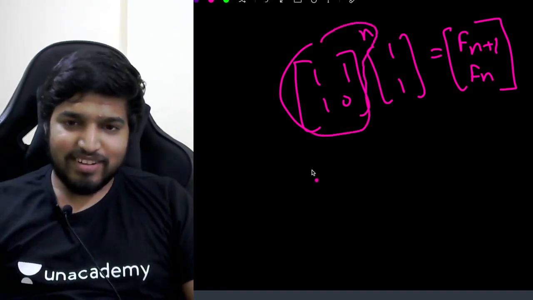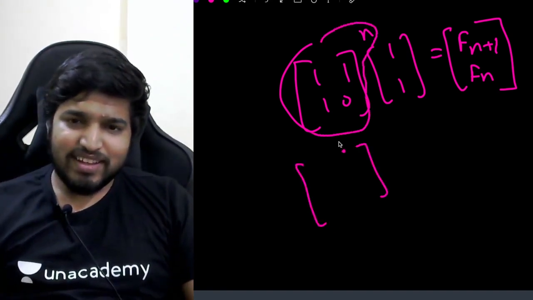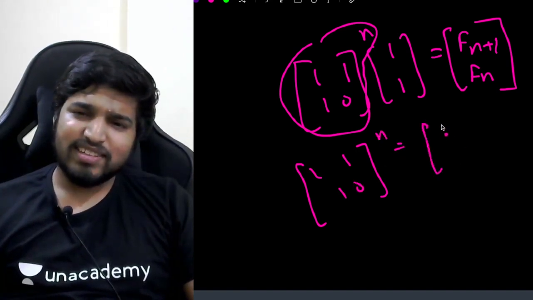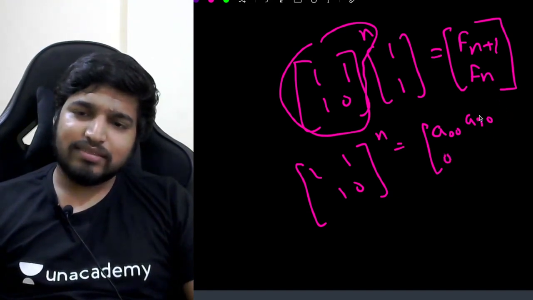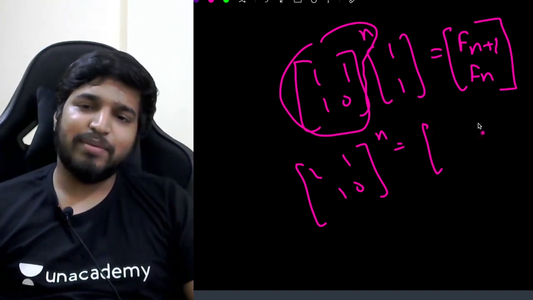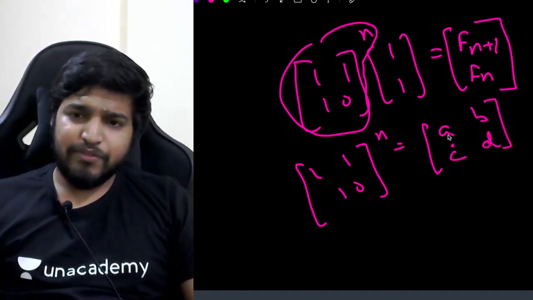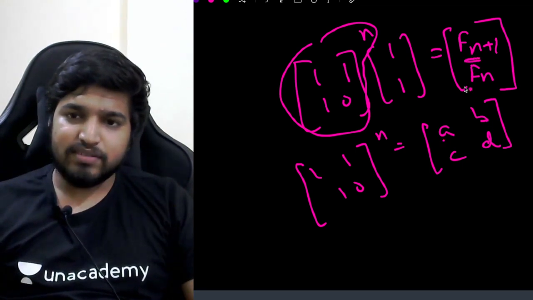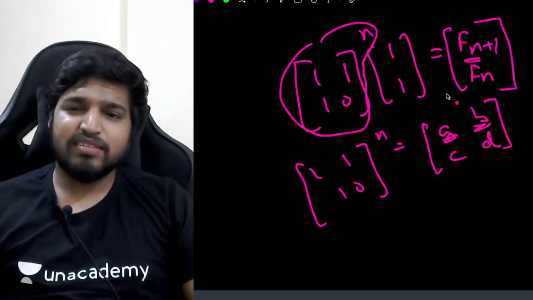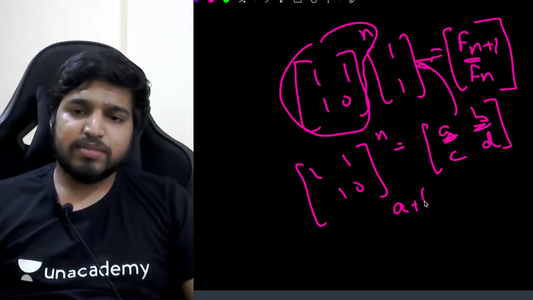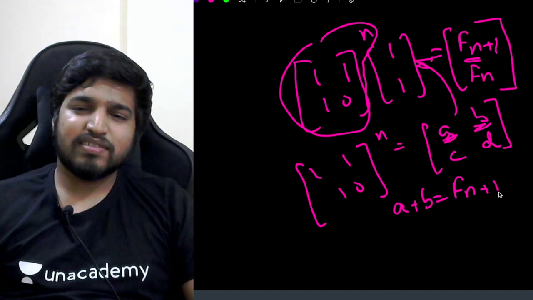Okay, meaning let's say 1110 to the power n equals a00 a10. I just name them a b c d. We know that a plus b is equal to fn plus 1.